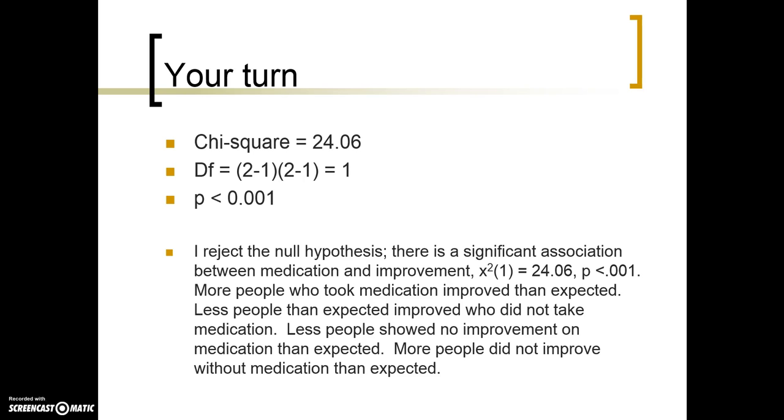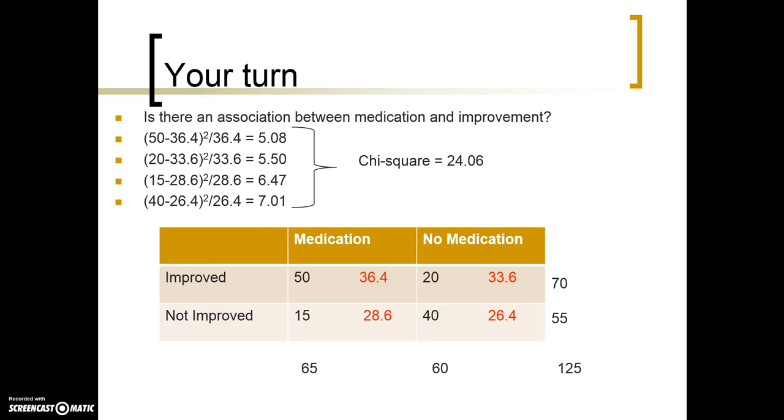When I write this up, that means I reject the null hypothesis. There is a significant association between medication and improvement. We have our numbers for chi-square. And then we have to talk about who was more and who was less. In this case, every single cell was over 2 here. So every single cell had an unexpected result.